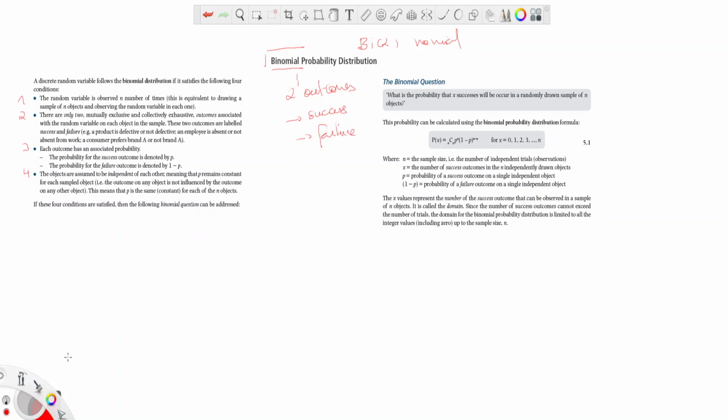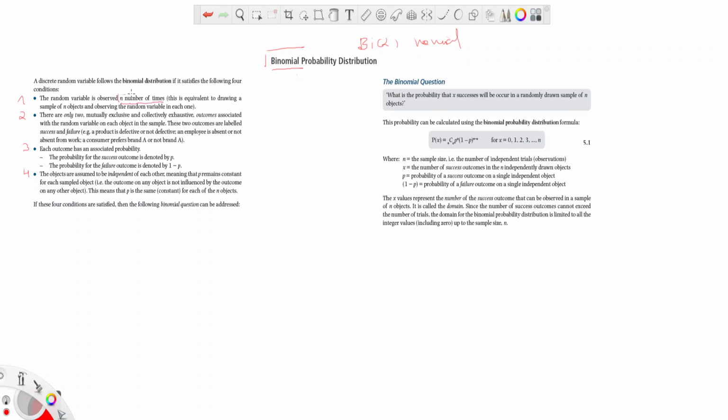All right, so let me just clean this up a little bit and we are going to dive deep into it. Now, looking at any scenario where you have to work out a probability distribution, you have to look out for those specific events. The first one is that your random variable needs to be observed n number of times.